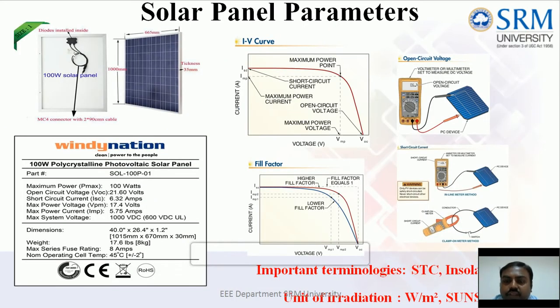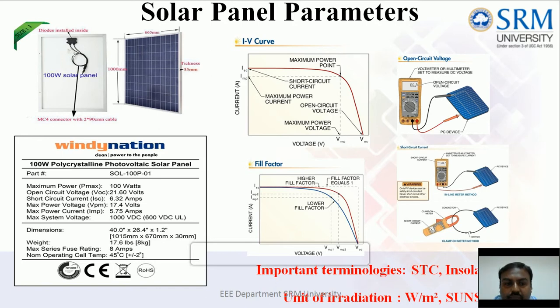So next is a very interesting part, the solar panel parameters. Students who are working in solar projects should know the characteristic features of a solar panel. Each solar panel will have specific data behind the panel. There will be a sticker which specifies the specifications of the solar panel.